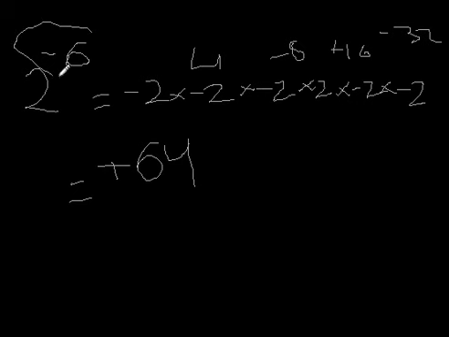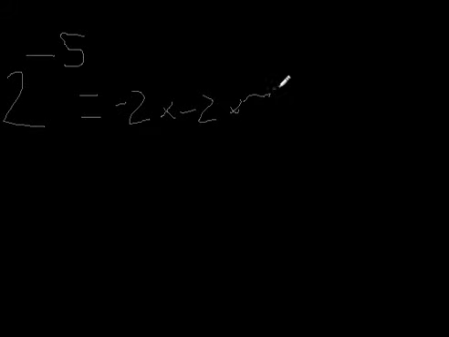Our exponent was an even number and gave us a positive answer. And now I'll show you an odd exponent. It will end up giving us a negative answer. So negative 2 times negative 2 times negative 2 times negative 2 times negative 2. Negative 2 times negative 2 is positive 4.